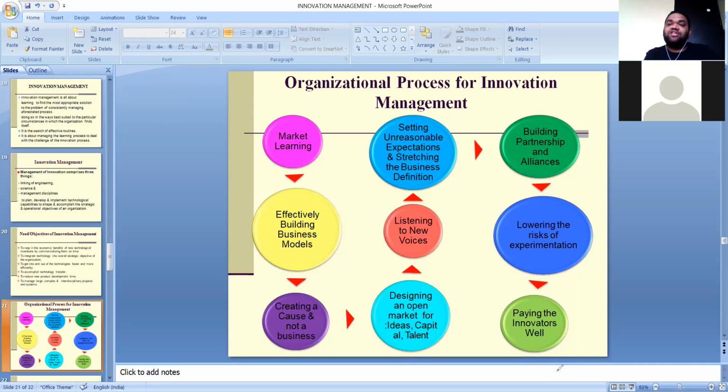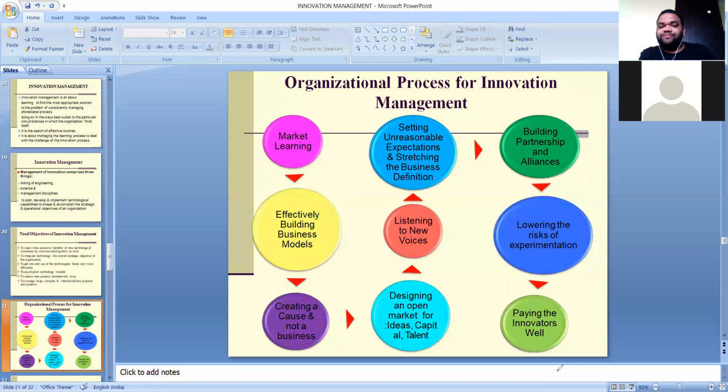Coming to the outer, maybe your customers, maybe your suppliers. We can't underestimate anyone. Any help or support can come from other people, because ultimately everyone is going to be involved in innovation. So that is what we call listening to new voices. Whatever ideas or innovations you have developed, maybe on the business model or on the product, we have to listen to new voices.